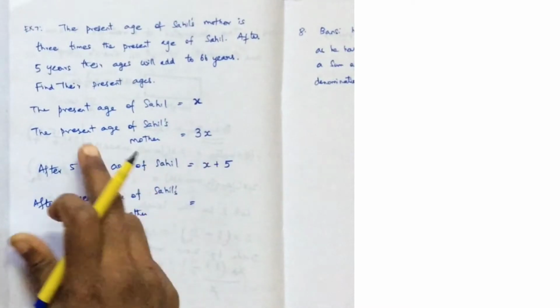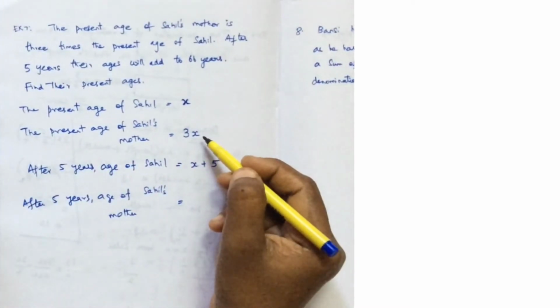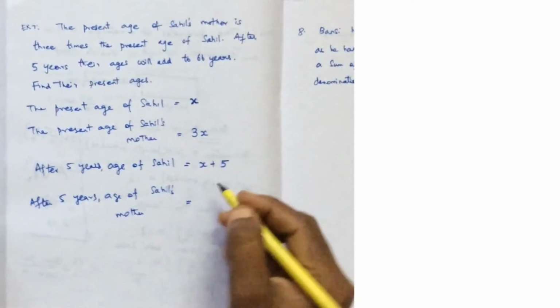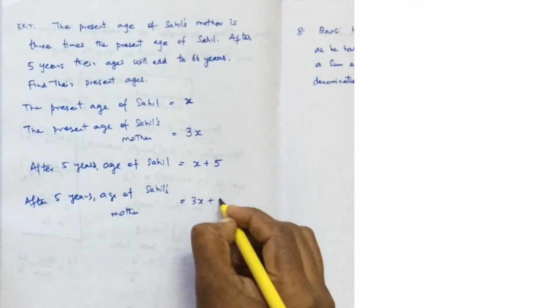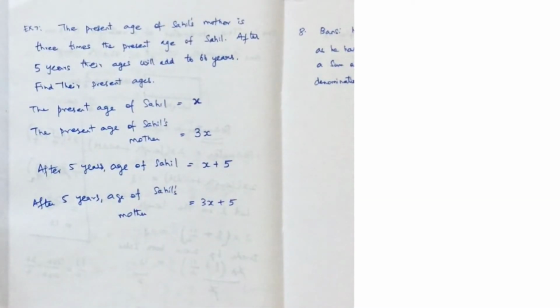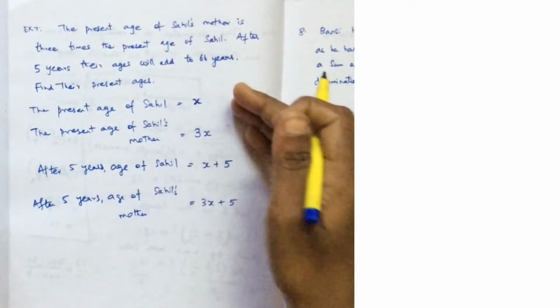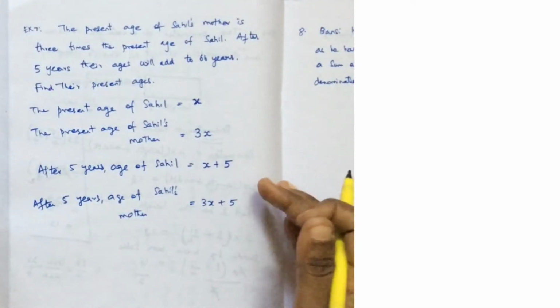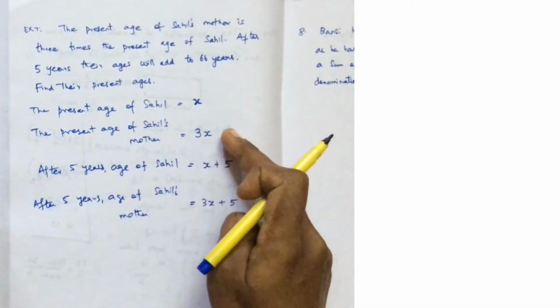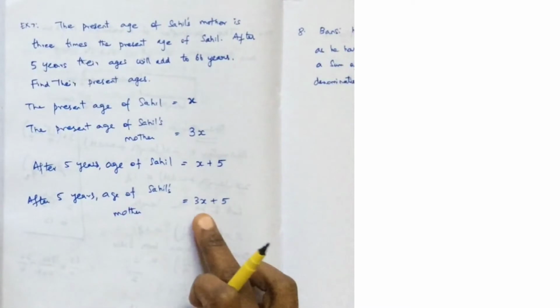Now, at present the age of Sahil's mother is 3x. After 5 years, you should add 3x plus 5. If the present age is 3x, after 5 years, it is 3x plus 5.